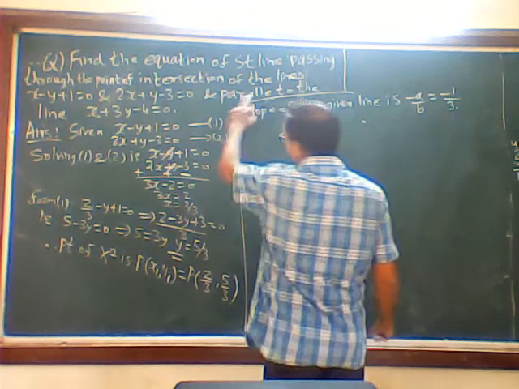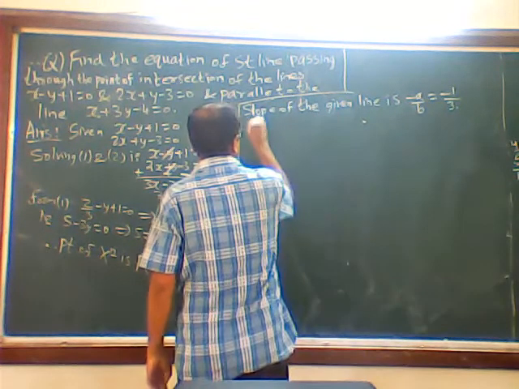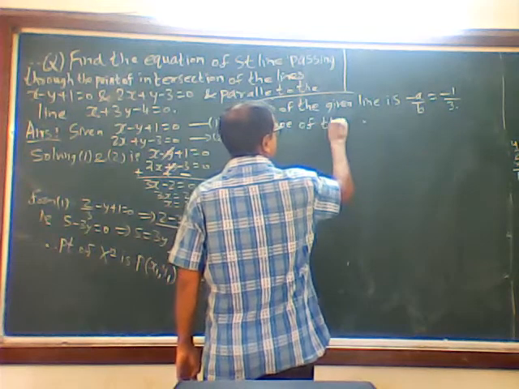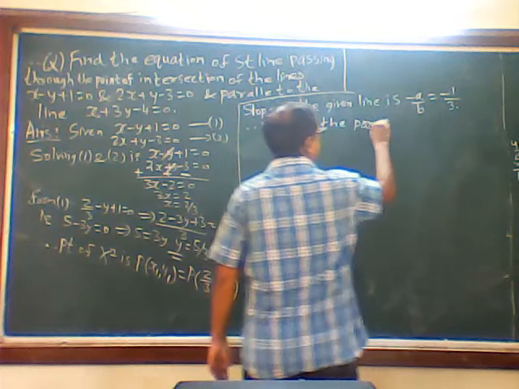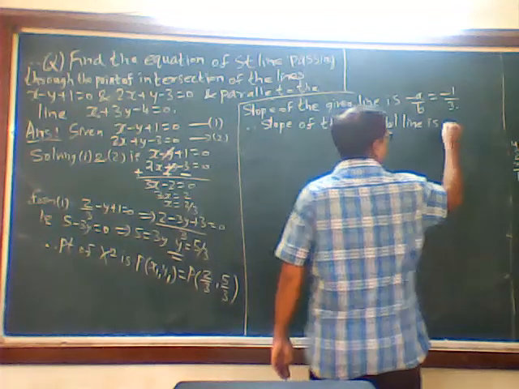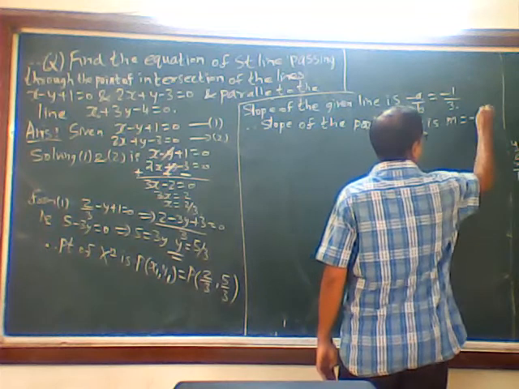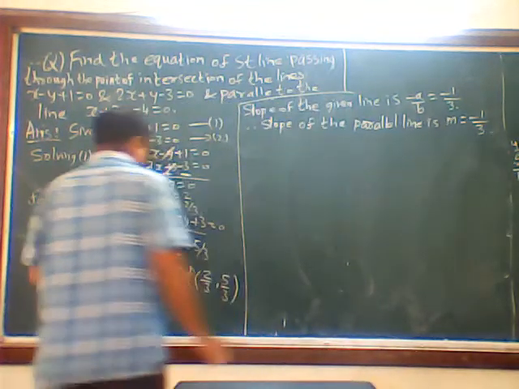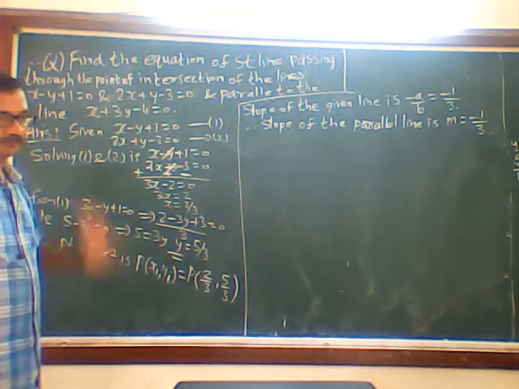But he is saying it is parallel to the line. Then I say therefore the slope of the parallel line, m, is the same as minus 1 upon 3. Okay, so I know x1, y1, and I know the slope m.